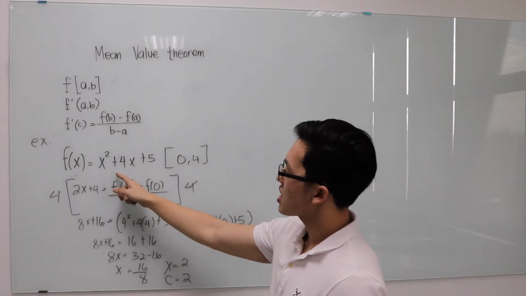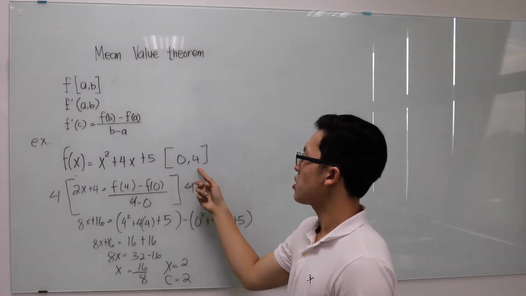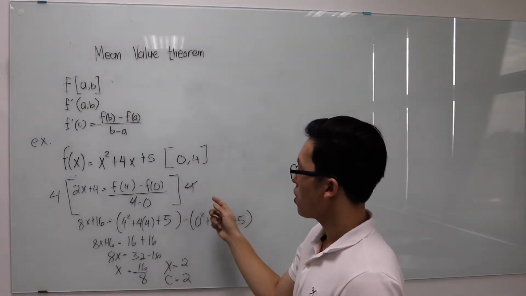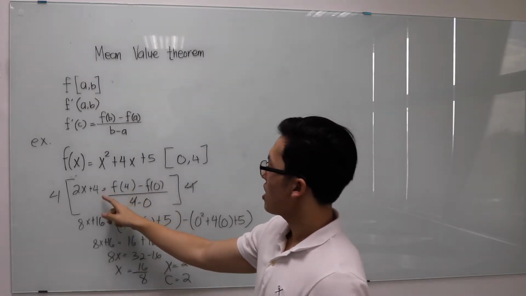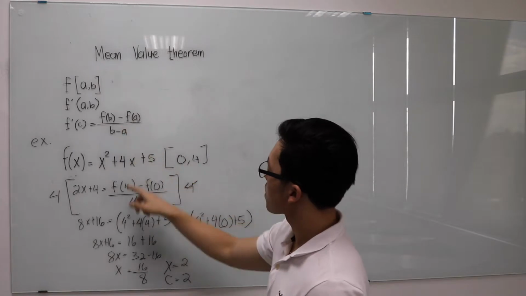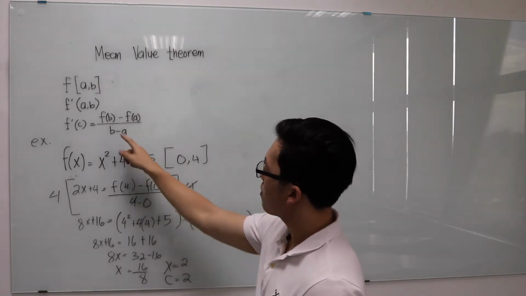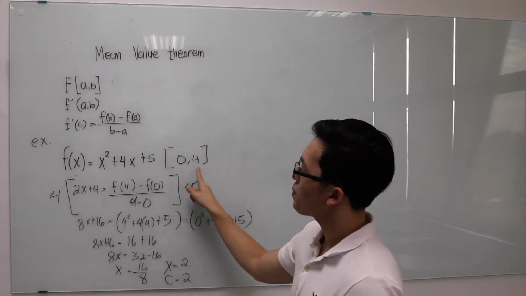So this is the example: x squared plus 4x plus 5, closed interval 0, 4. What we're going to do is plug in the values of 0 and 4 into the formula: f of 4 and f of 0, divided by b minus a. So this is your a and this is your b, the 4.